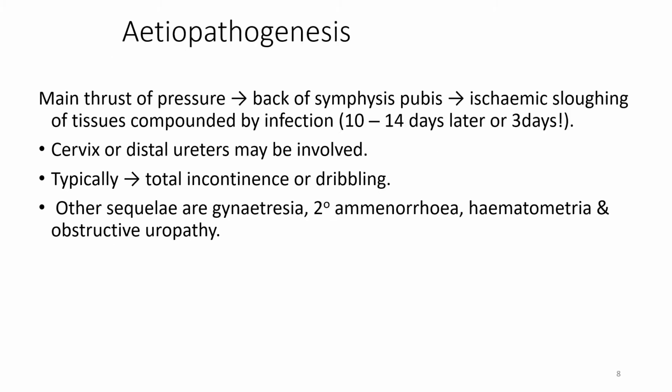Okay, so what happens is that the pressure is transmitted to the urinary bladder. That will lead to ischemic sloughing. So there's pressure necrosis, pressure of the presenting part, let's say the head of the fetus, pressing the urinary bladder epithelium constantly.